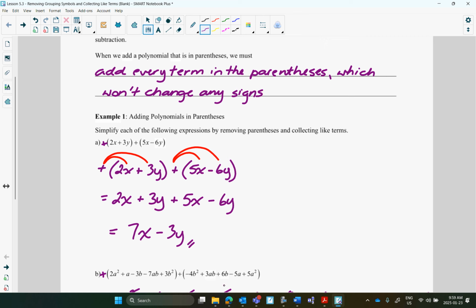Okay. Subtraction is a different story. You can't just take out the parentheses and nothing changes. And we'll see that in a second. Anybody still need this? Okay.